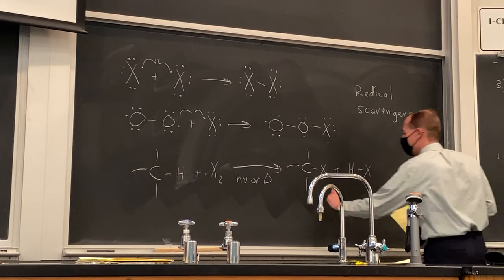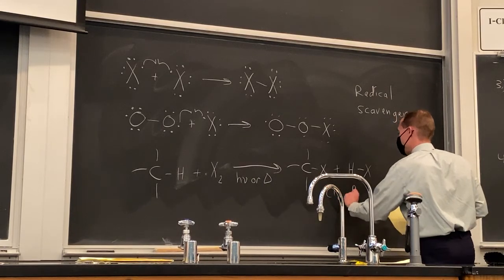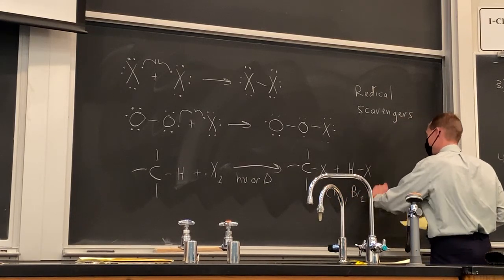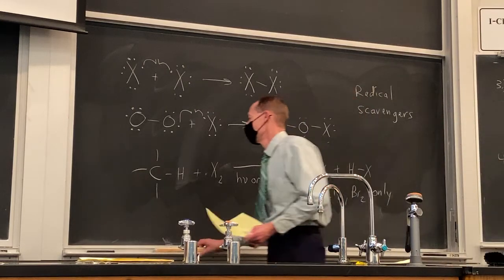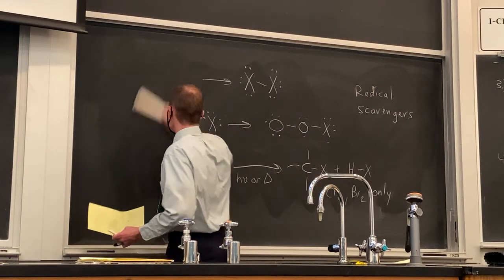This process only works with chlorine and bromine. Fluorine is too reactive. This is something we've talked about before. It's a very violent process. You're not going to want to heat up fluorine. And then iodine is too slow. So we're not going to see these reactions with iodine. Okay?